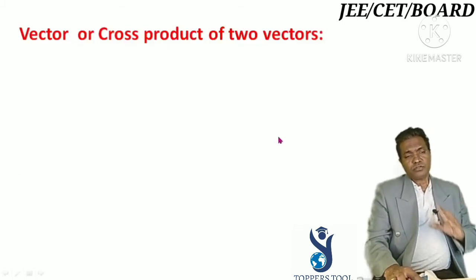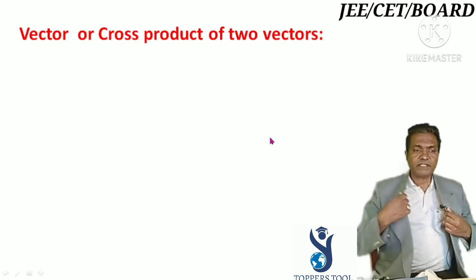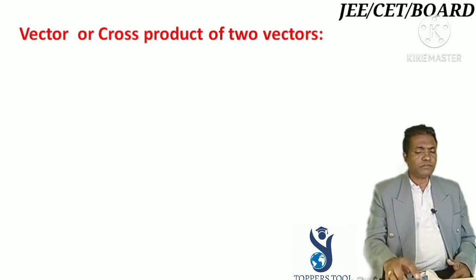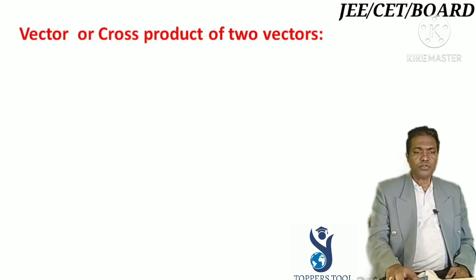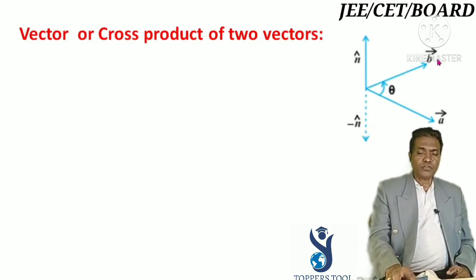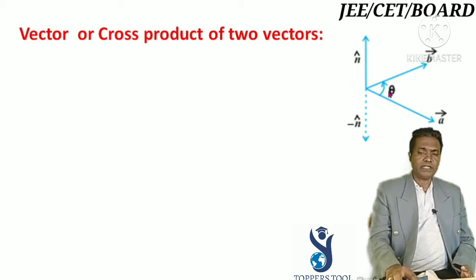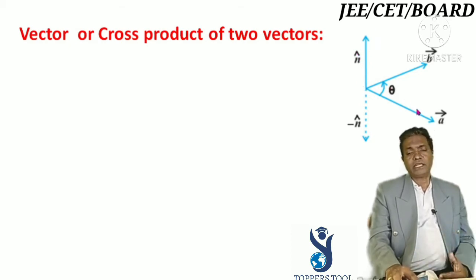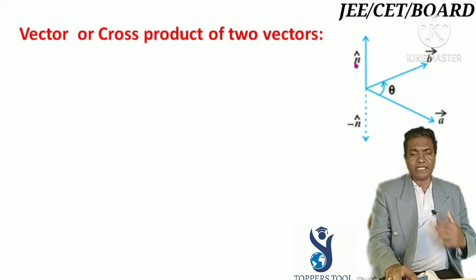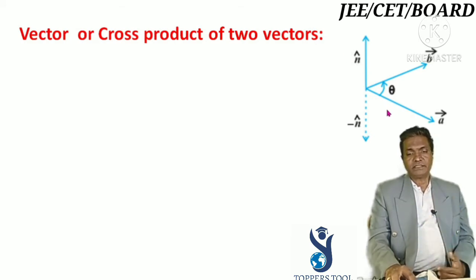Now we will move on to the main part, that is the vector product or cross product of two vectors. Here there are two vectors A and B, and theta is the angle between A and B, measured in the anti-clockwise direction, and there is an n cap, which is a vector perpendicular to vectors A and B, such that vectors A, B, n cap form the rectangular coordinate system.